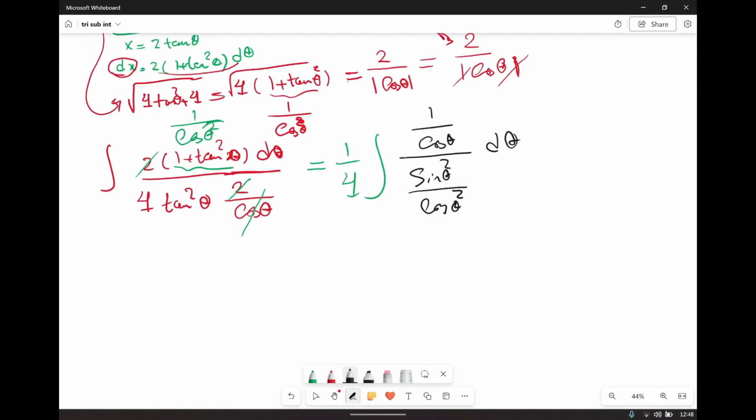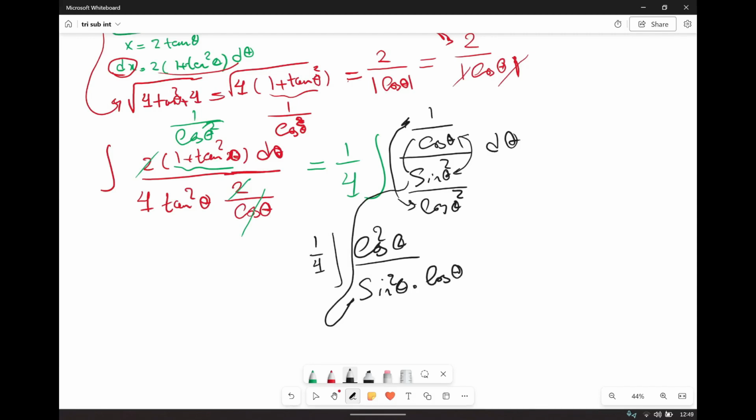How can we calculate this? This part goes to the top and this one to the bottom. It is 1 over 4 integral of cosine squared theta divided by sine squared theta times cosine theta d theta, and also this one and this one can cancel each other.